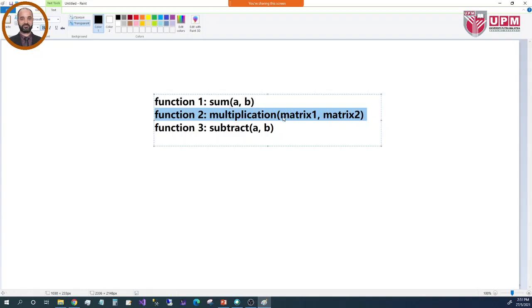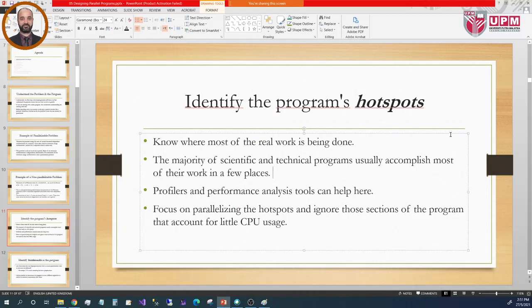Yeah, this needs to be run in parallel. So this means this function is a hotspot here. So we have to find where the hotspots are. Then we try to make them run in parallel or to solve them in parallel. Okay?